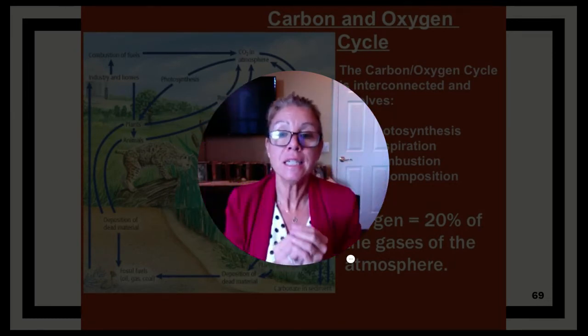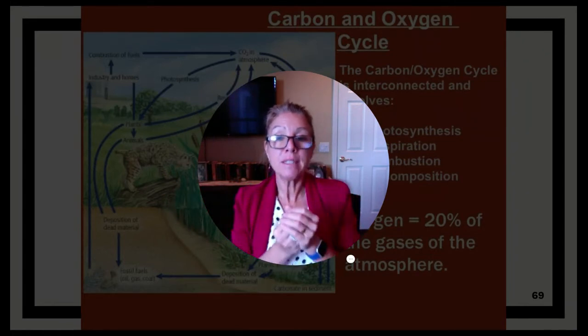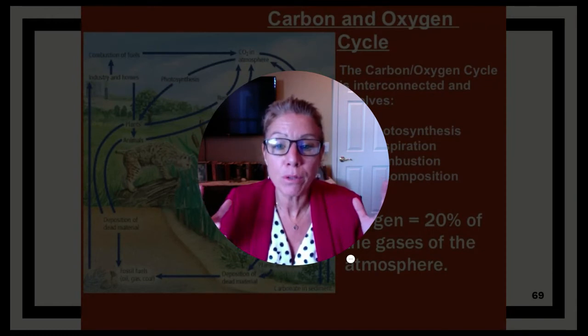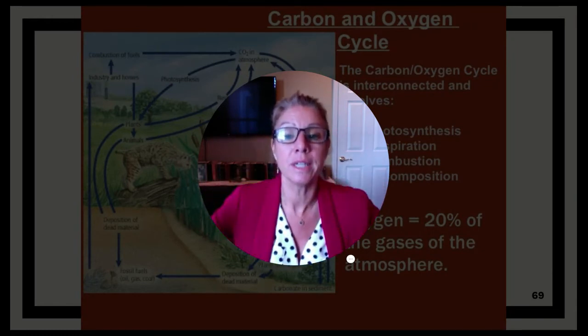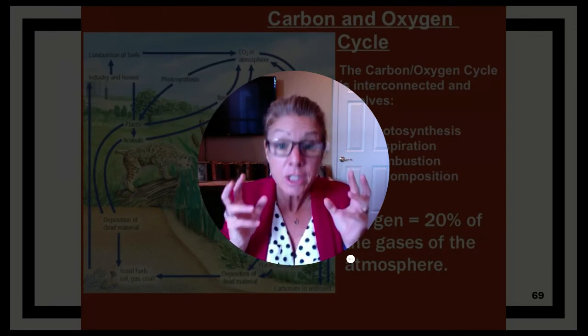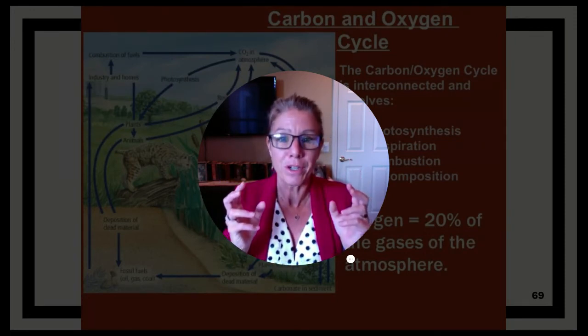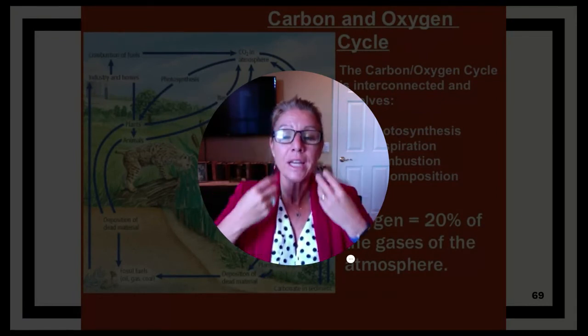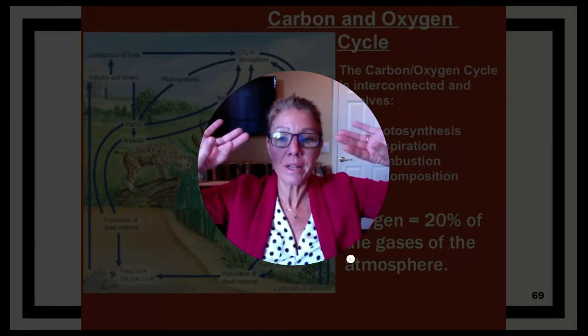Decomposers, we need decomposers. That's a critical part of our ecosystems, because they return nutrients to the exchange pools. Decomposers do cellular respiration, because all cells do, so again, putting CO2 out into the atmosphere.